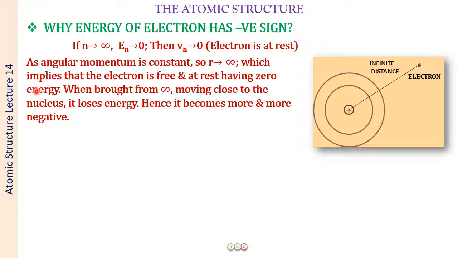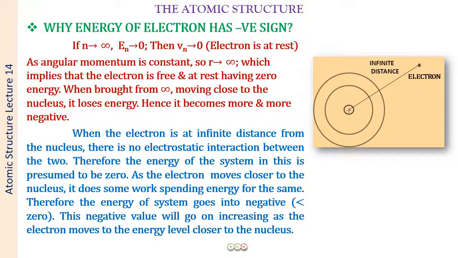It has zero electrostatic force of attraction towards the nucleus, right? And when we bring this electron back from infinity close to the nucleus, it is decreasing the number n. And if it is coming from a higher energy level to a lower energy level, what is it going to do? It is going to lose energy. And if it is losing energy from zero energy, it is going to be negative, right? So that is why the energy of an electron is negative.